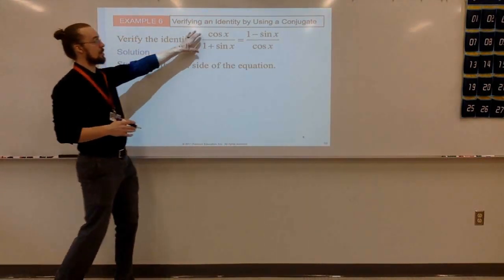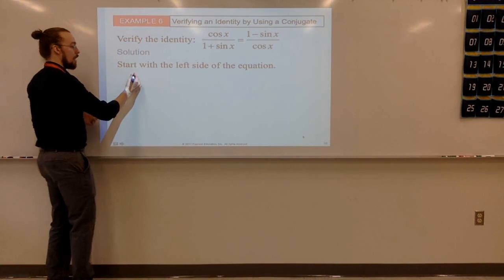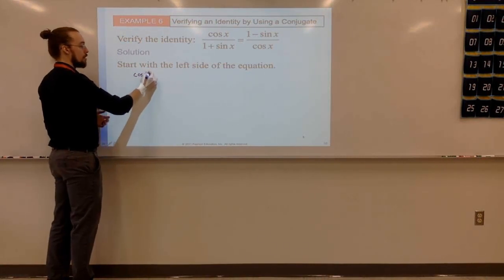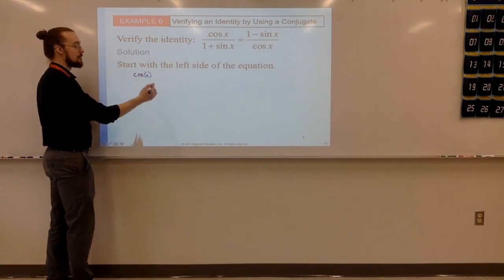So if we start with the left side of this equation, I'm going to multiply top and bottom by 1 minus sine.